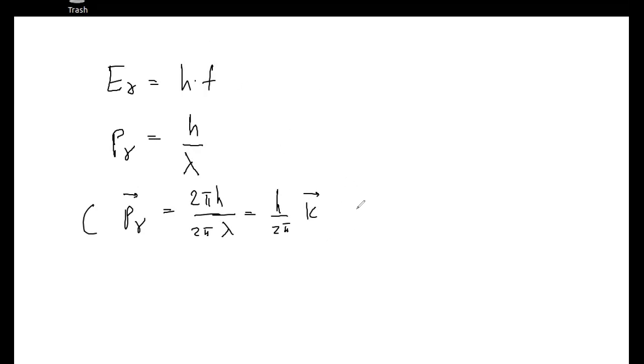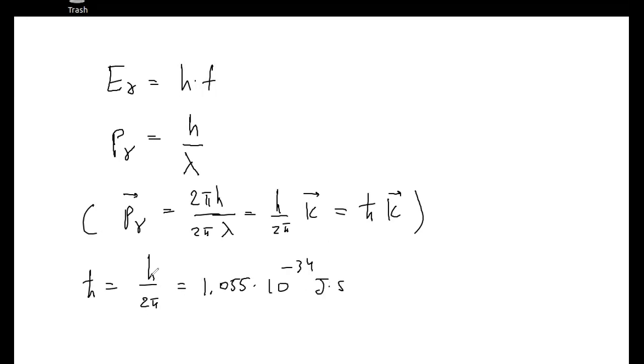And this is where for the first time h bar appears. H bar is simply Planck constant over 2 pi. It's a very convenient combination because it can relate your momentum and the wave vector. It's something like 1.05 times 10 to the minus 34 joule seconds. It's the same Planck constant.